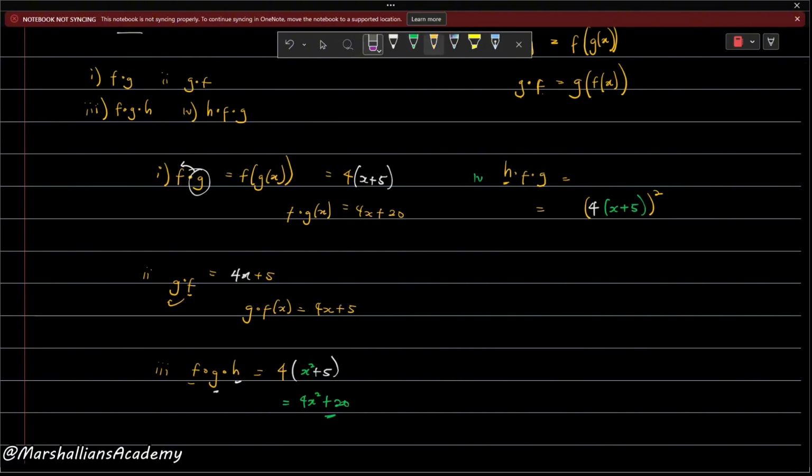And that's not all. I could expand the function, and I'm going to be having, let's do what is inside the bracket first. We're going to be having 4x plus 5 all squared.